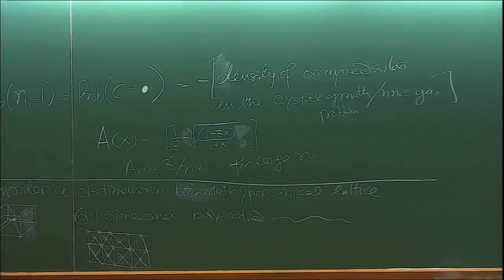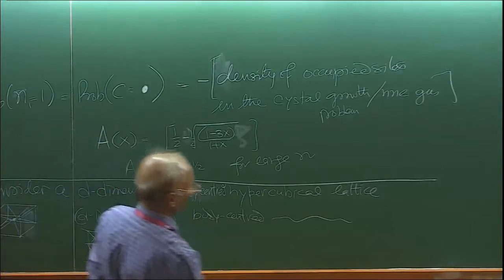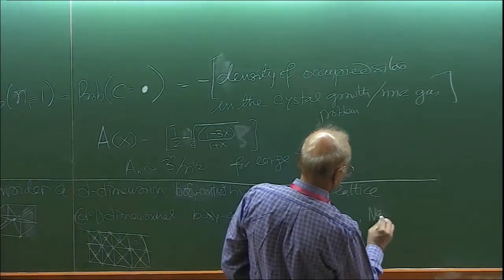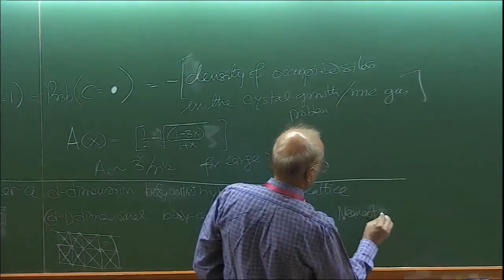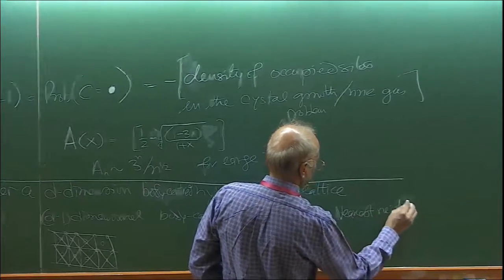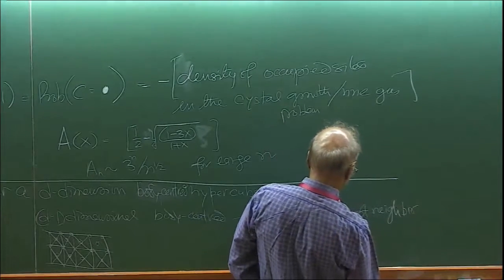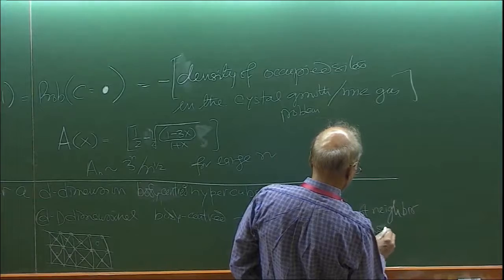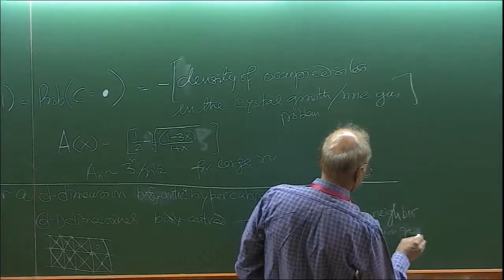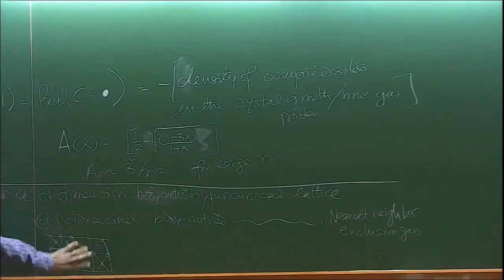Okay, so I take a nearest neighbor exclusion gas on this lattice, and I put a weight Z, and I want to consider the thermodynamic equilibrium state of this gas.